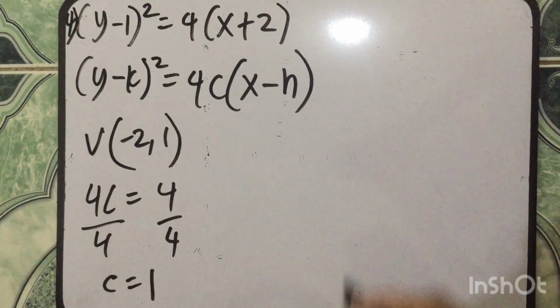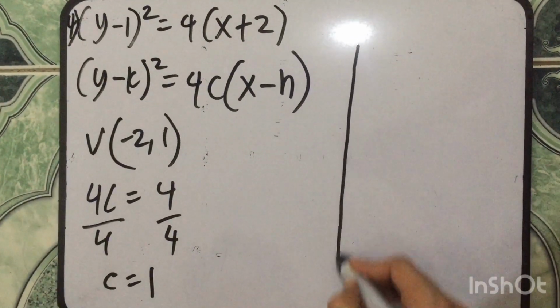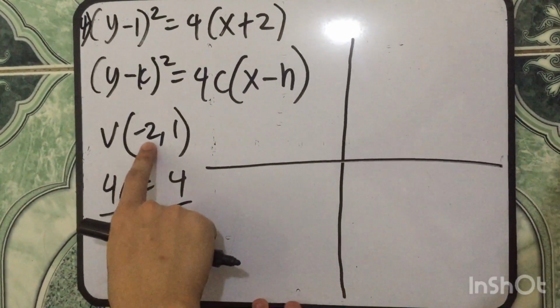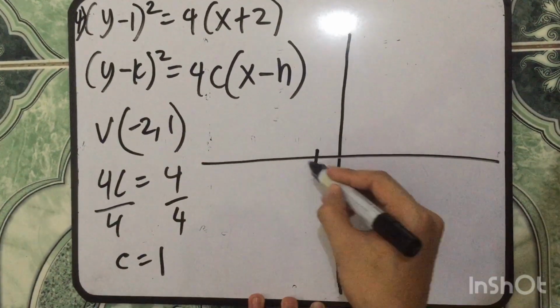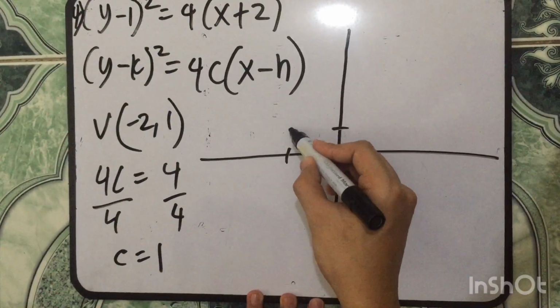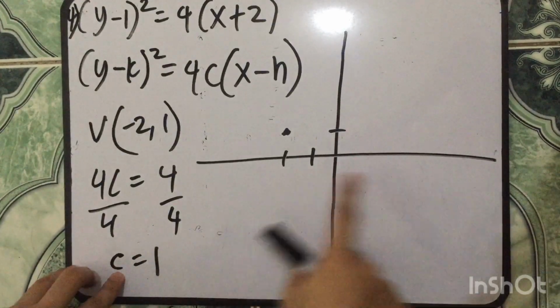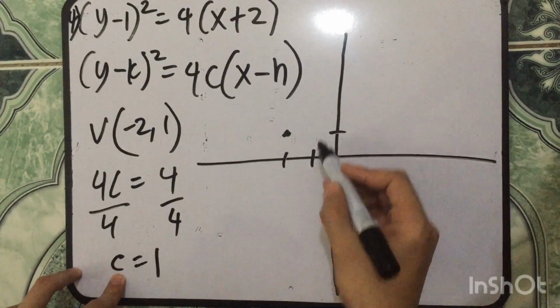So let's try to determine the focus, directrix, and the axis of symmetry. Vertex negative 2 and positive 1. So this is our vertex. From the vertex, we're going to count 1 unit to the right to determine the focus. So 1.